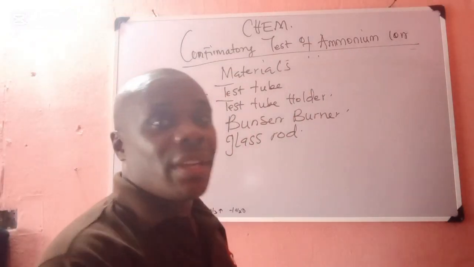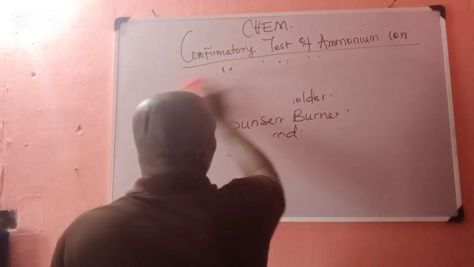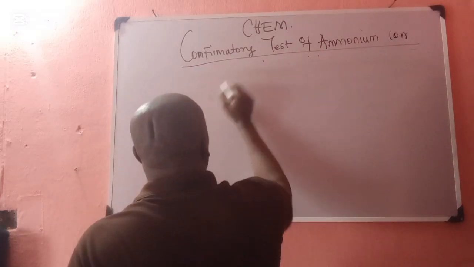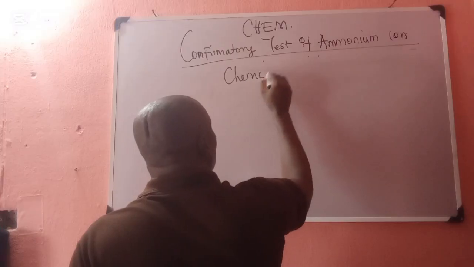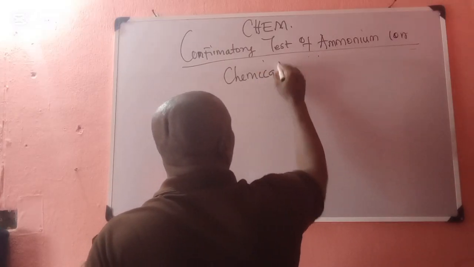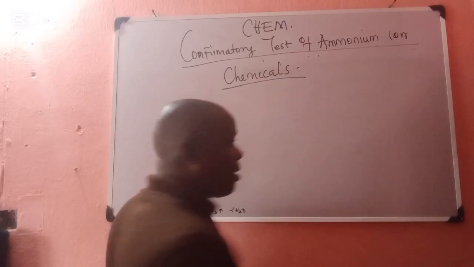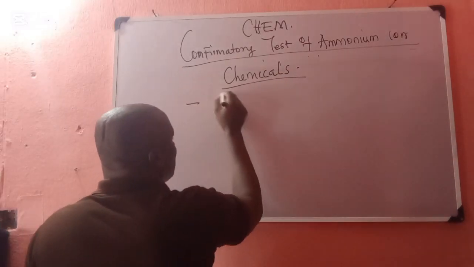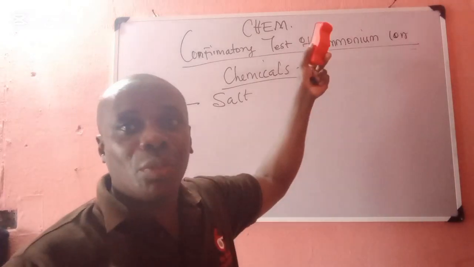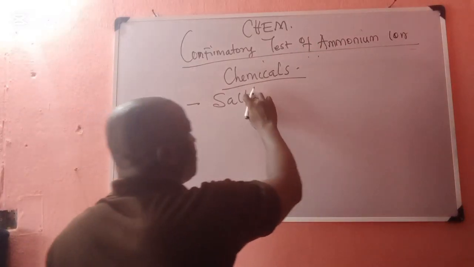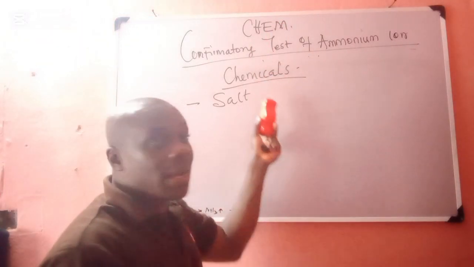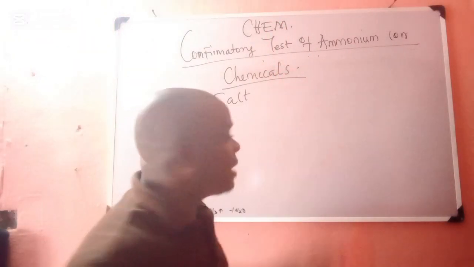Then let's look at the chemicals that we need. The first thing is salt. This salt will contain ammonium. If the salt we are using does not contain ammonium, it will not confirm the presence of ammonium ions from all the other tests that we are going to carry out.